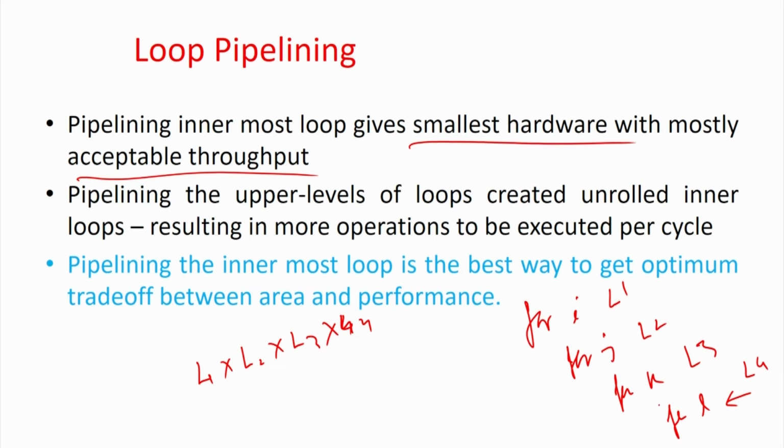But if you pipeline this one and unroll this, then you need L1 into L2 into L3 times, because this is pipelined, this is unrolled. But it will generate 24 times the hardware for this.